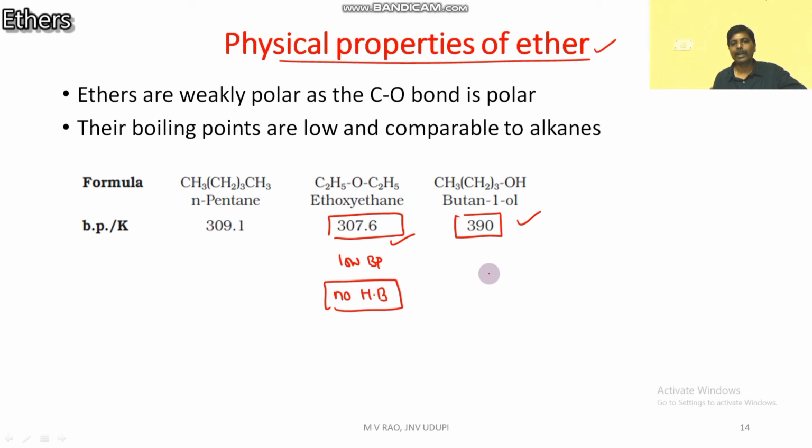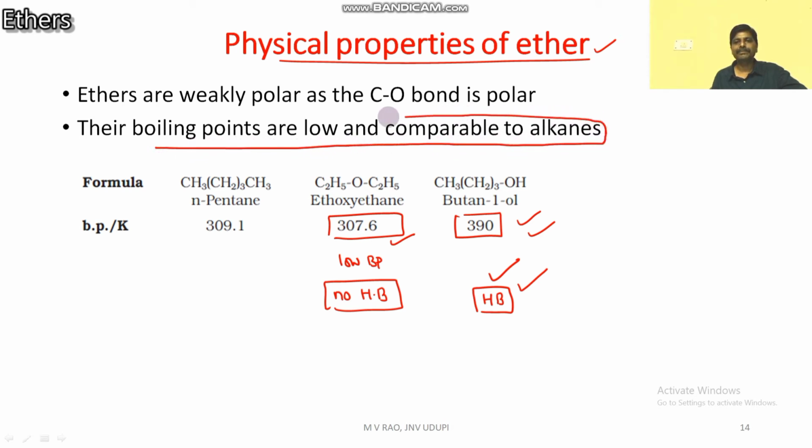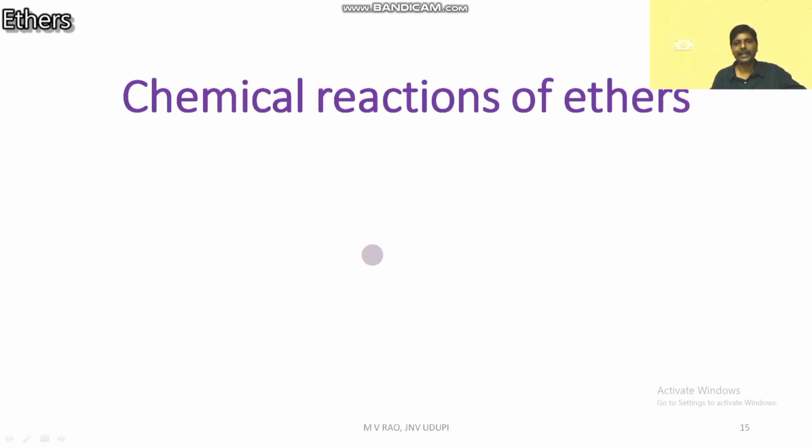Their boiling points are low and comparable to alkanes. Ethers have low boiling points because of the absence of hydrogen bonding.